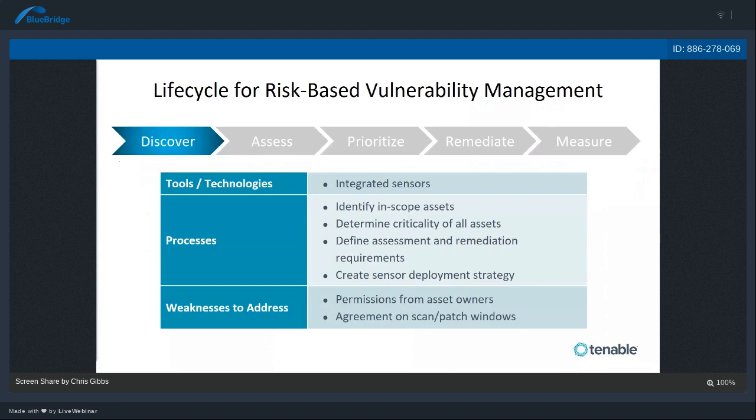So let's take a look at some of those steps in more detail. Discovery, like I said, is the first stage. So there's a few things to think about here. We need to understand, most importantly, the business environment. How many assets do you have? What kind of assets are they? And that's what this is all about.